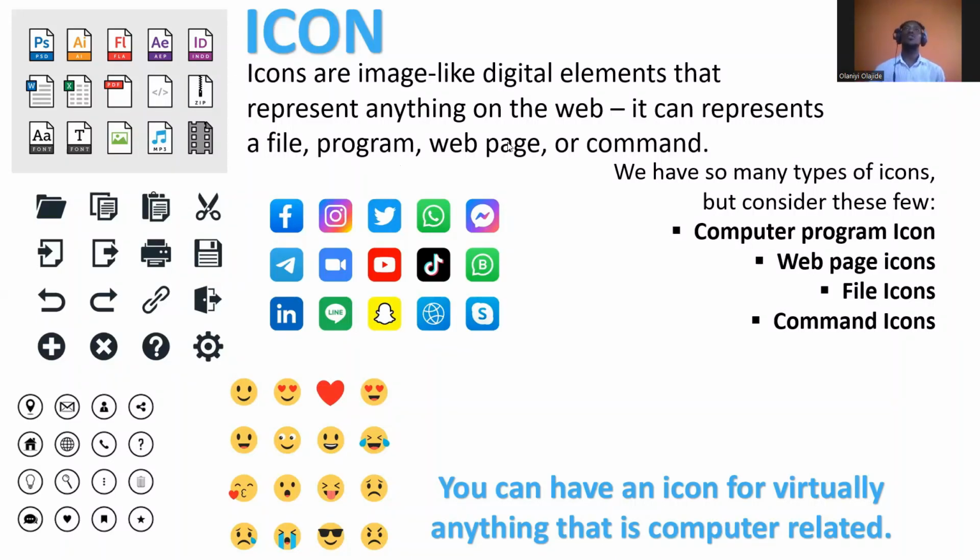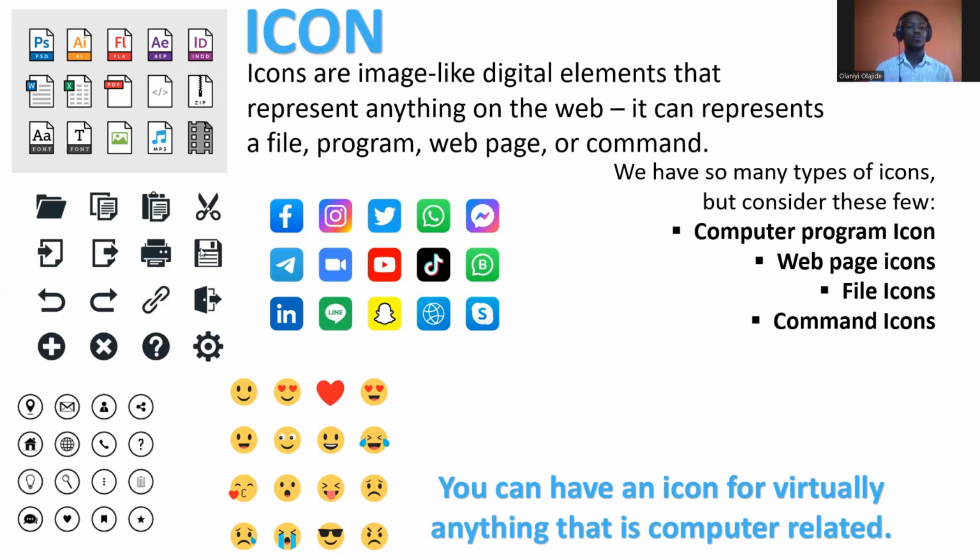So command icons, or let me say command on the computer, is a function the computer has programmed, and the function is hidden behind an icon. For example, we have this folder icon. We have this one that looks like scissors, which means to cut. That is, if you want to cut a file or a program or a text or any digital element on the computer, you know that this stands for the cut operation or command.